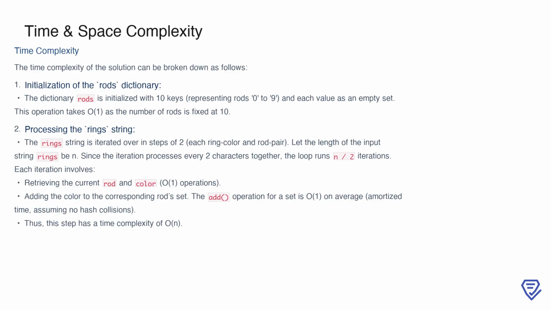If the length of the string is n, the loop runs n/2 iterations. For each iteration, we retrieve the current rod and color, which are O(1) operations, and then add the color to the corresponding rod set. The add operation for sets has an average time complexity of O(1). Therefore, processing the ring string has a time complexity of O(n), making it the dominant term so far.